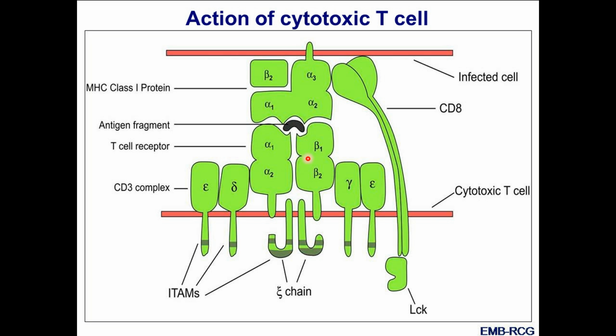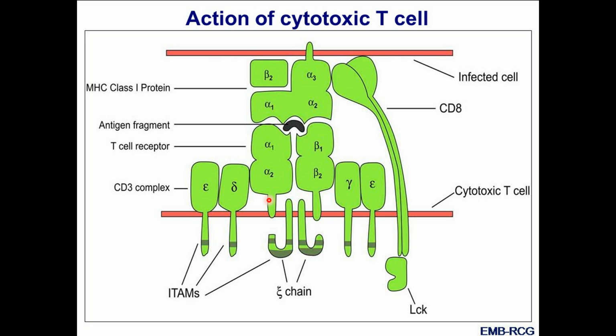So this T cell receptor binds to the foreign peptide plus the self MHC1 protein. This is the co-receptor, the CD8 transmembrane protein. So the extracellular portion of CD8 binds to the alpha 3 domain of the MHC1 protein. And this is the enzyme LCK associated with the cytosolic or cytoplasmic tail of CD8.